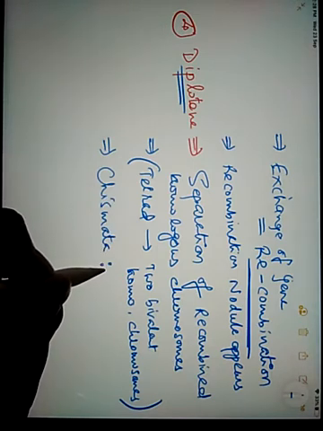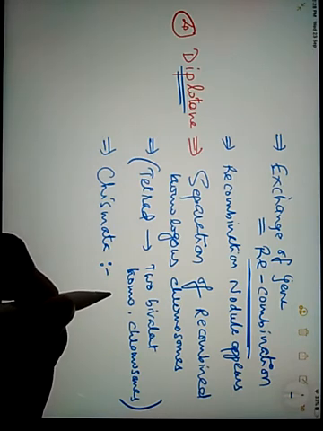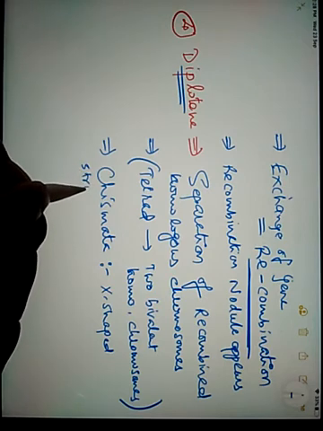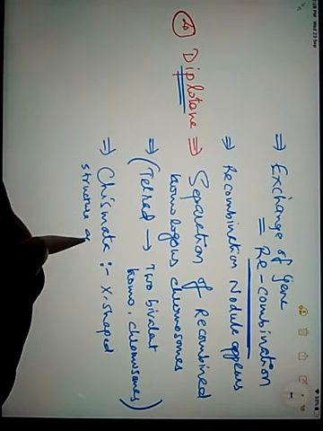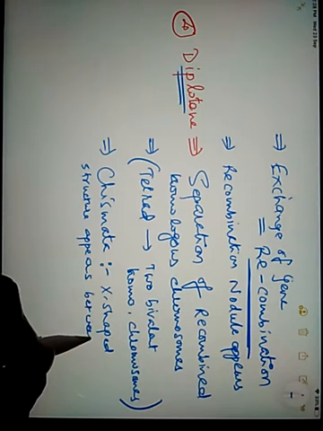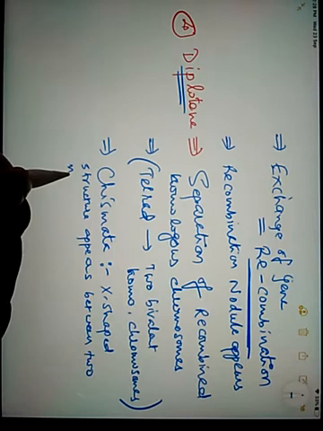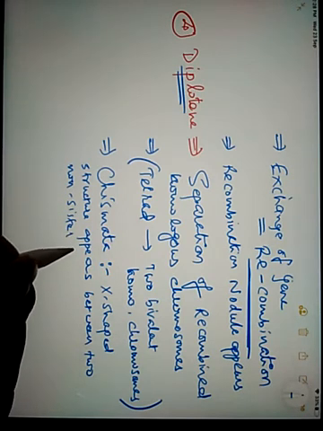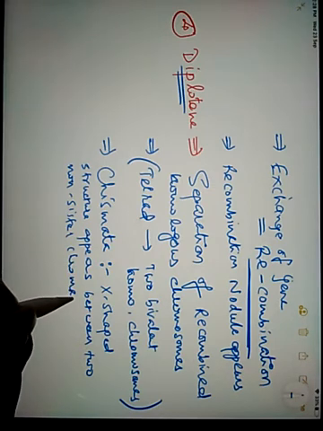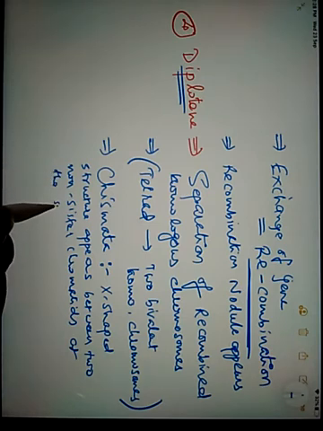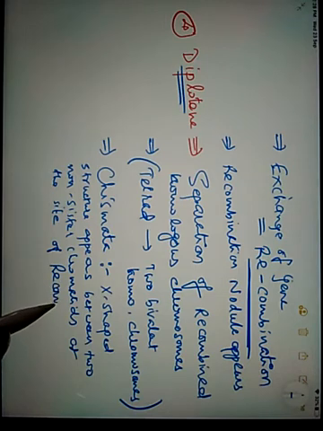Chiasmata. It is the X-shaped structure that appears between two non-sister chromatids at the site of recombination.